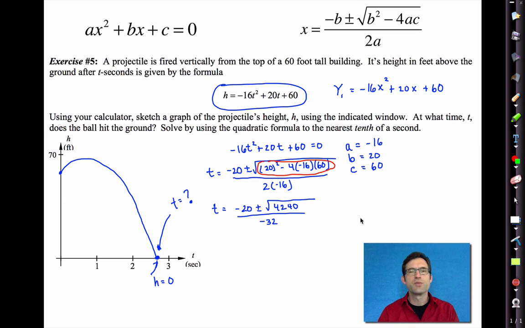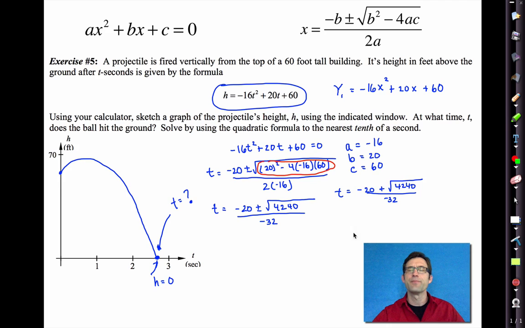In previous problems, we took that square root and we simplified it. Thank goodness we don't have to do that this time. In fact, I need to evaluate two things now. Negative 20 plus the square root of 4,240 divided by negative 32, and then minus.